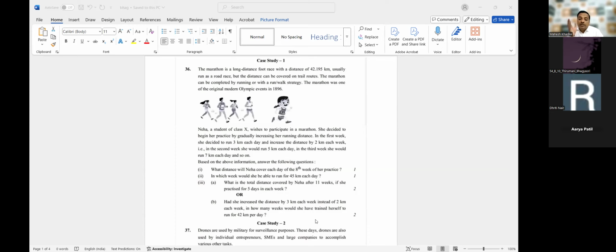Sorry, first day it is 3 kilometers, and then in that week she increased 2 kilometers, that is 5 kilometers. Second week she would run 5 kilometers each day. Third week 2 increase, that is 7. So based on above information, answer the following.